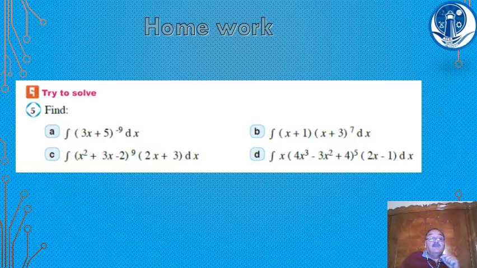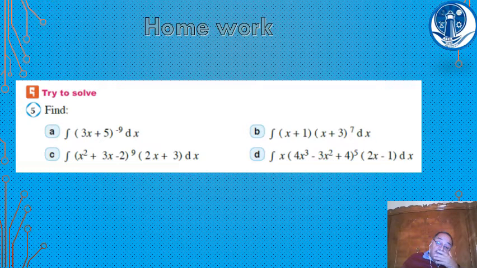Then we can add 2 minus 2, so it will be x plus 3 minus 2, and make multiplication. It will be x plus 3 all power 8, and negative 2 times that bracket. Then use the property of sum and difference in the integration. This is x squared plus 3x minus 2. If you notice, this is the derivative of that one. This is an easy one.